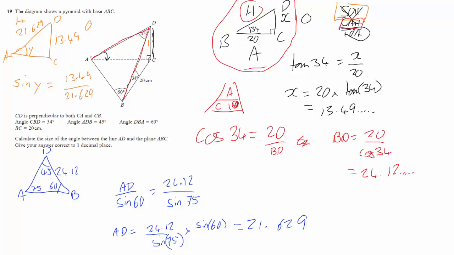Now remember, if you get your 13.49 wrong and your 21.629 wrong, that doesn't really matter because you're still going to get a method mark for having worked out this length and that length and done sine appropriately. So Y is going to be sine minus 1 of 13.49 divided by 21.629.